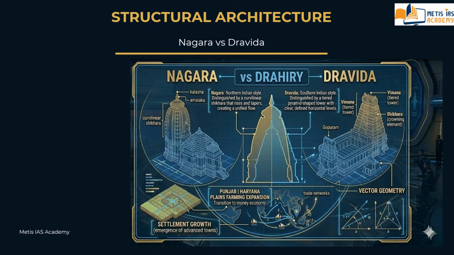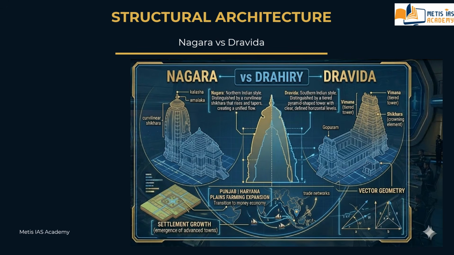However, the Malagitti Shivalaya and the Virupaksha temple are textbook Dravida style, characterized by horizontal tiers. So classification unlocks the answer.